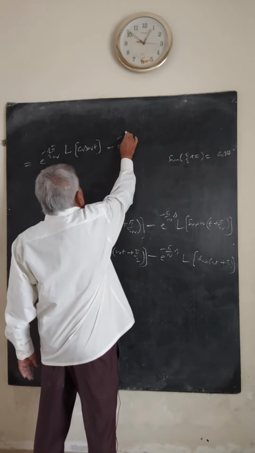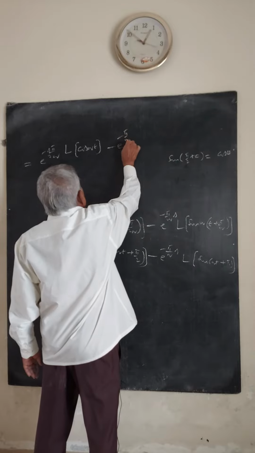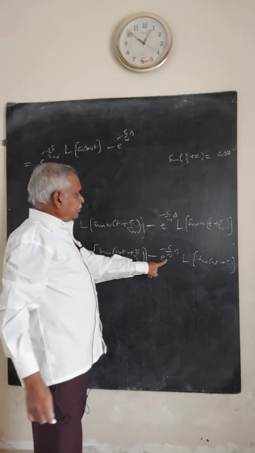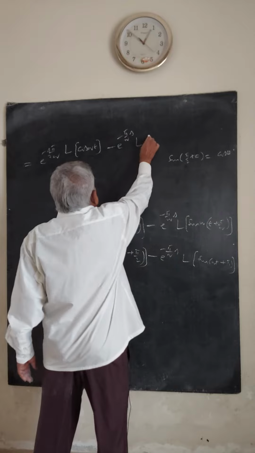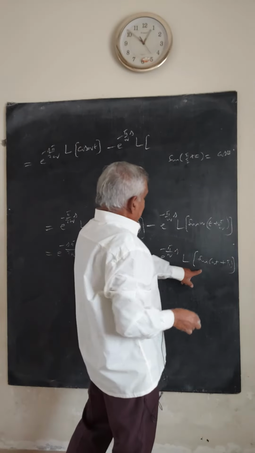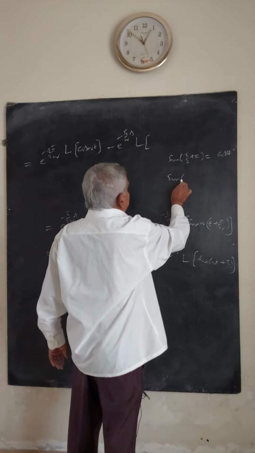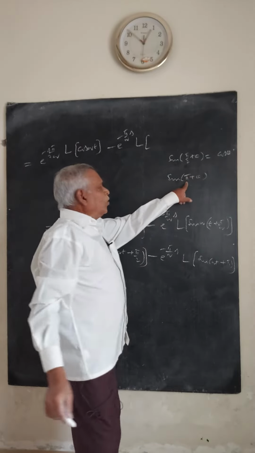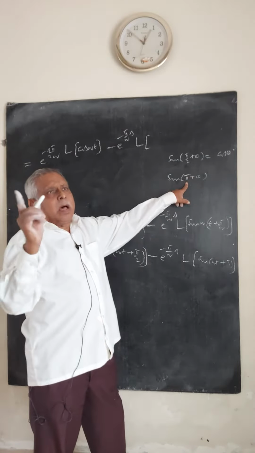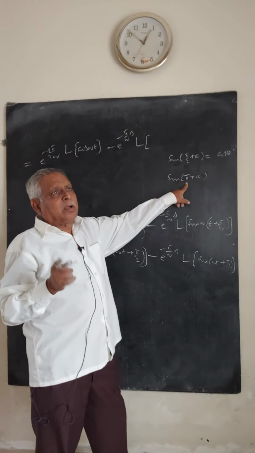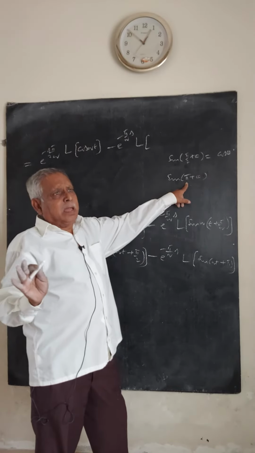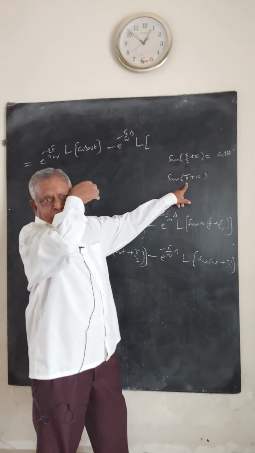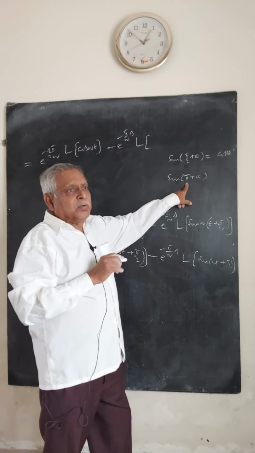Minus e power minus pi by omega times L of sin of pi plus theta. Pi is 180, which is the third quadrant. By all silver teacups, only tan and cot are positive; the remaining trigonometric ratios are negative.